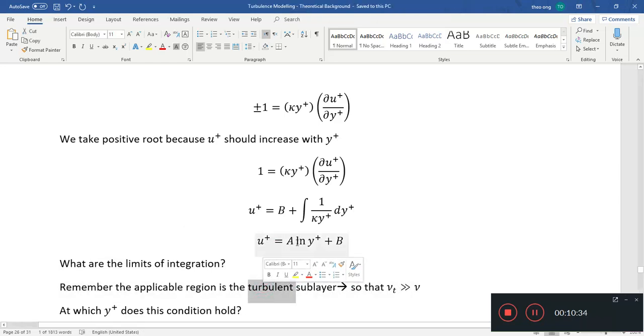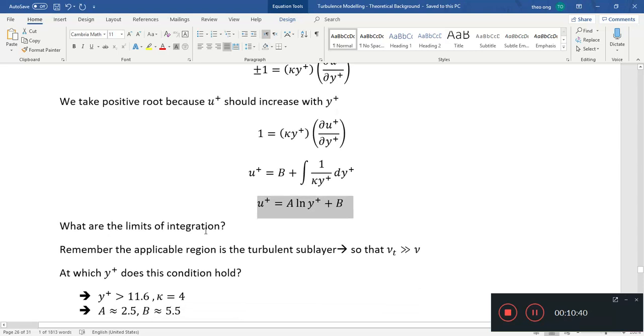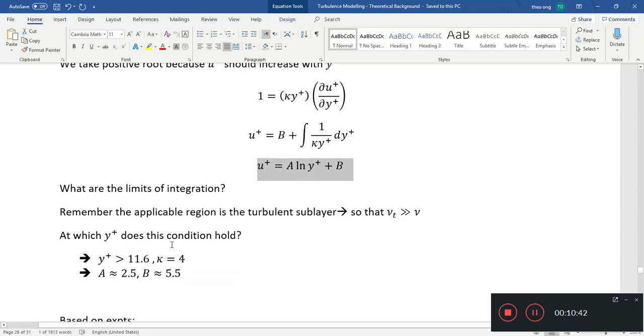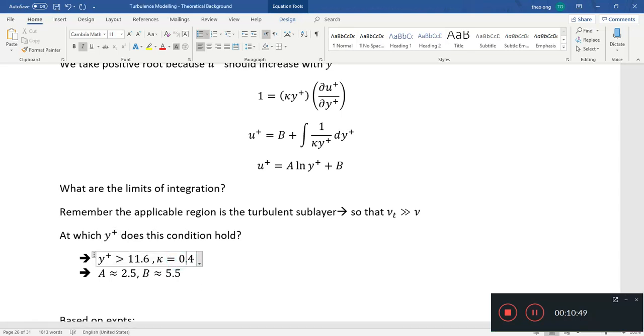So remember where we are transiting from the viscous sublayer to the fully turbulent sublayer. So where is this transition y plus? Okay, so we have experiments that show, at least Prandtl and company, or Prandtl and Taylor, they did experiments before showing that at a y plus of more than 11.6, kappa equals 0.4.